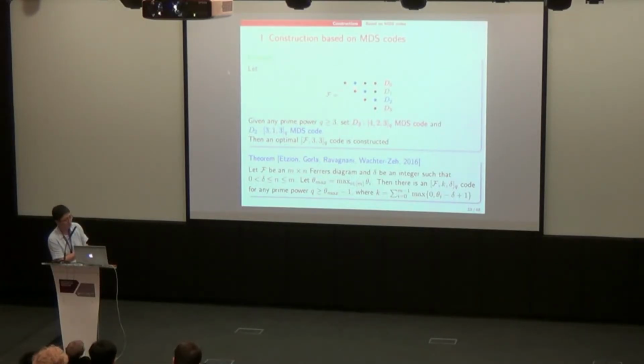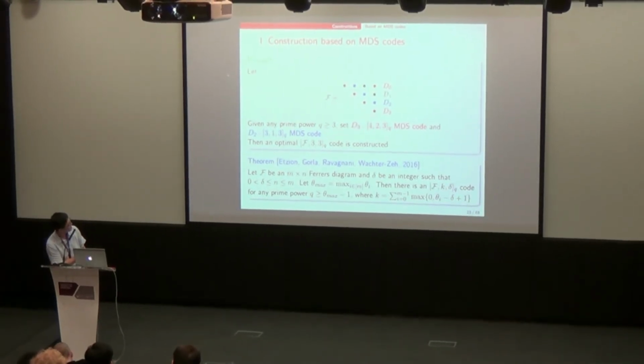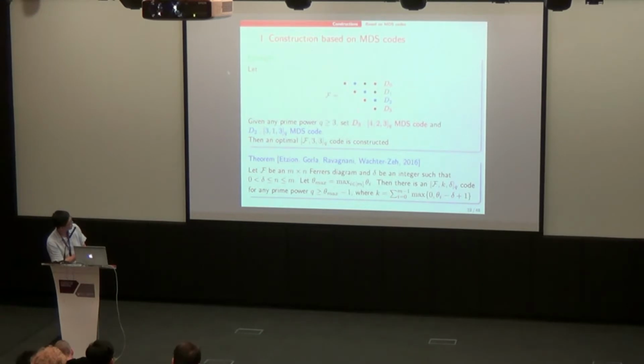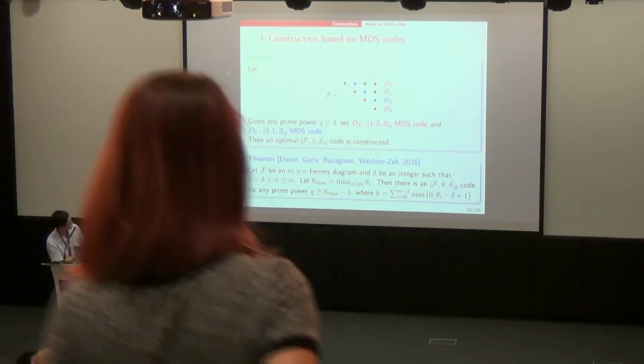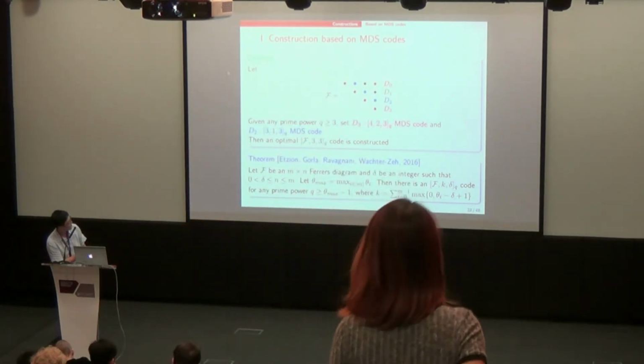These are the 4 diagonals. We can first put an MDS code on D3 with these parameters. Here 4 means the length of the code. So here there are 4 dots, so the length is 4. And 2 means the dimension, 3 means the minimum Hamming distance.